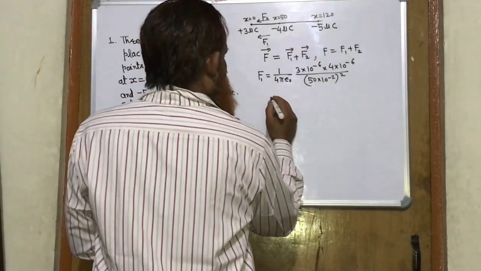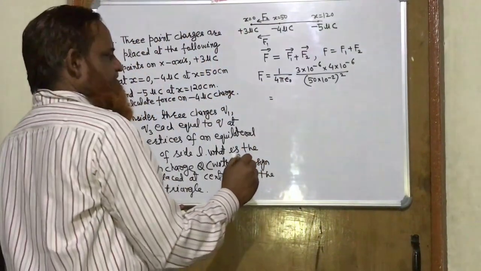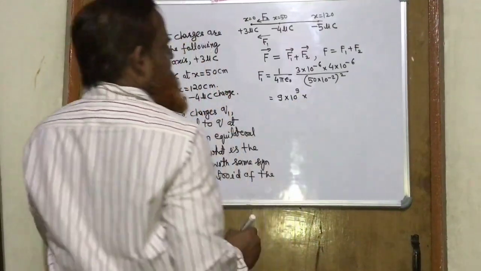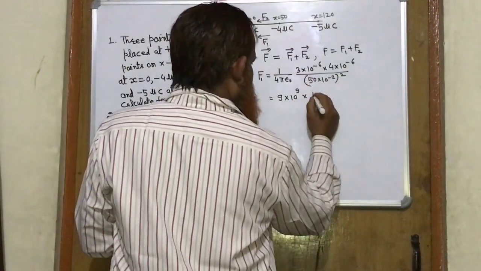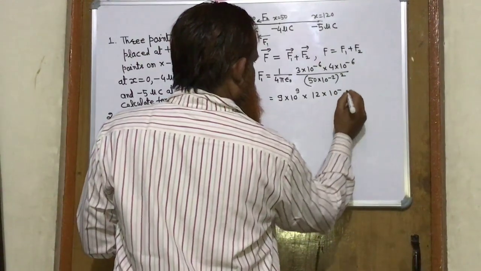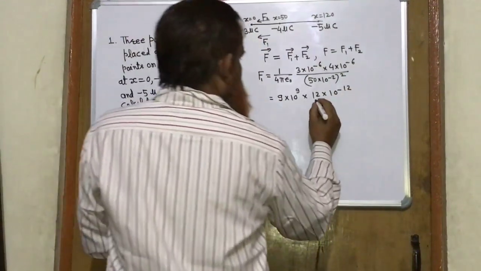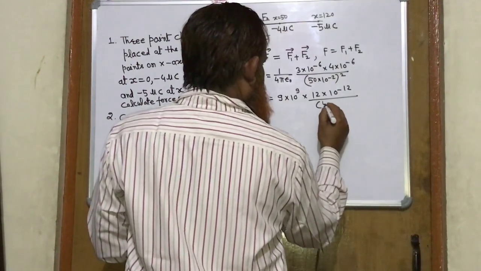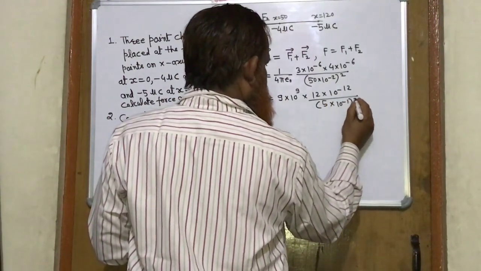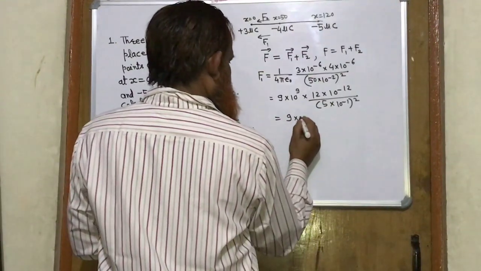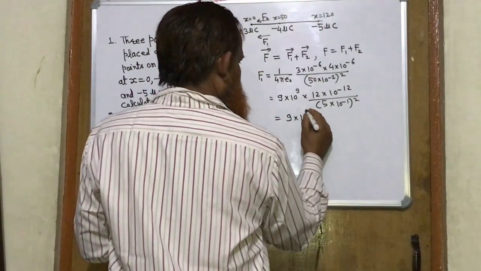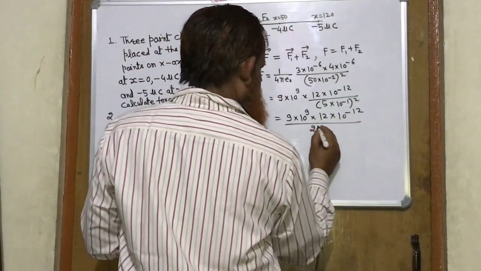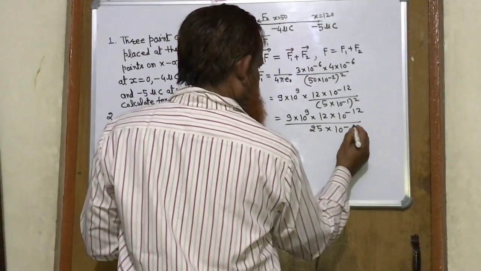When we calculate, 1 upon 4 pi epsilon naught is 9 into 10 to the power 9, 3 into 4 is 12, so 12 into 10 to the power minus 12, and we can write 5 into 10 to the power minus 1 whole square. So we write 9 into 12 into 10 to the power minus 12 upon 25 into 10 to the power minus 2.